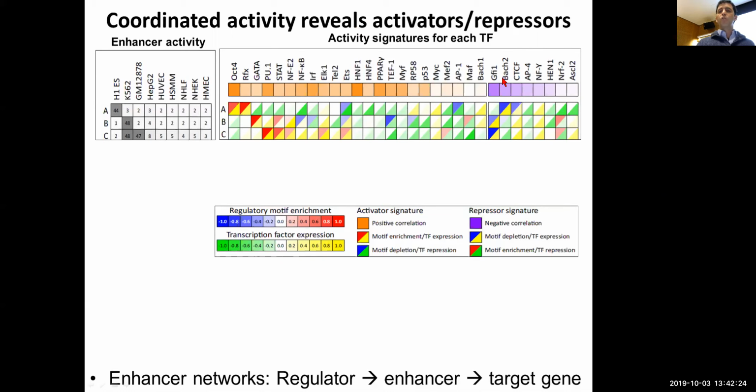Because if it's a repressor, when the repressor is expressed in that cell type, then all the regions that contain the motif will be turned off. So therefore, the regions that have the motif will be depleted for that activity pattern. If the regulator is expressed, the corresponding regions are depleted.